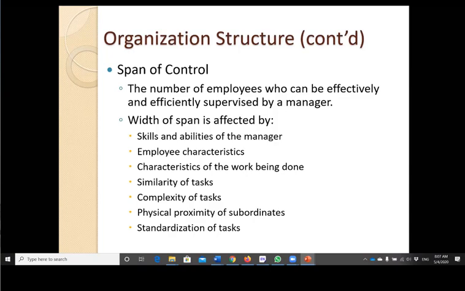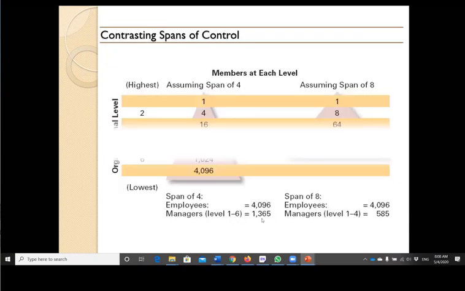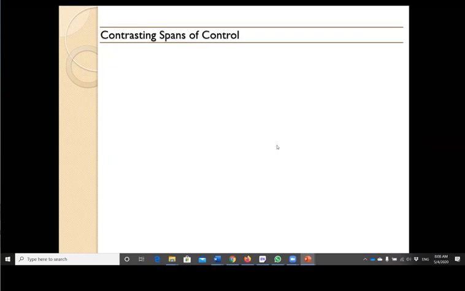To increase the span of control, you need to focus on the employees, the managers, the physical possibility, and the standardization, right? If you can standardize your job, you can increase the span of control. It will be more efficient this way, right?